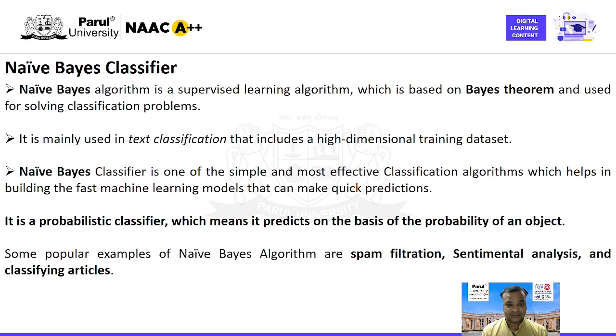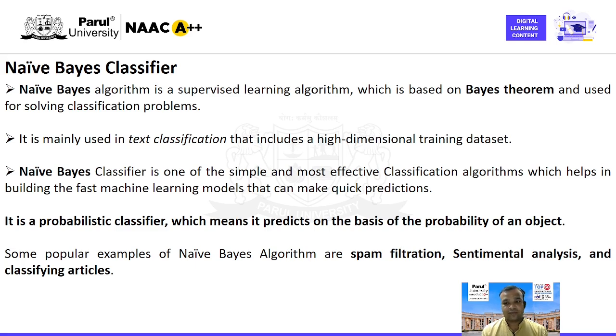It is a probabilistic classifier, because it is based on Bayes theorem. That means probability is involved there, which means it predicts on the basis of the probability of an object.